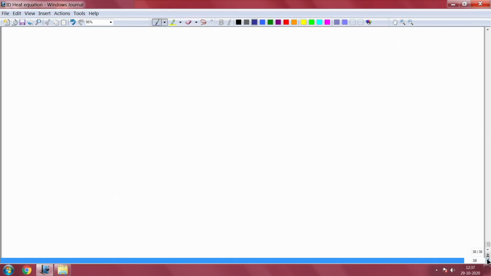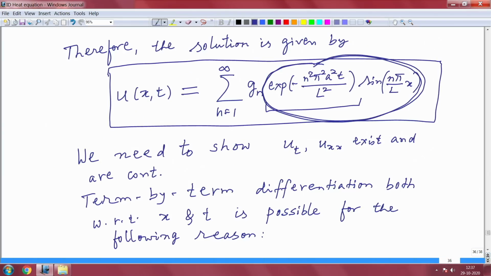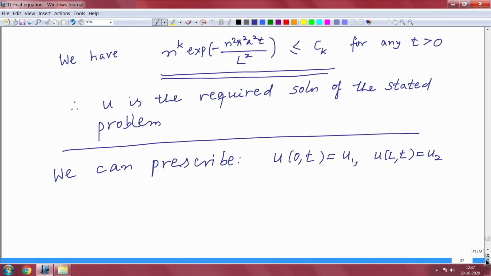What you do is, we already have the solution with 0 boundary conditions, and for that you just add one term. Again by linearity.